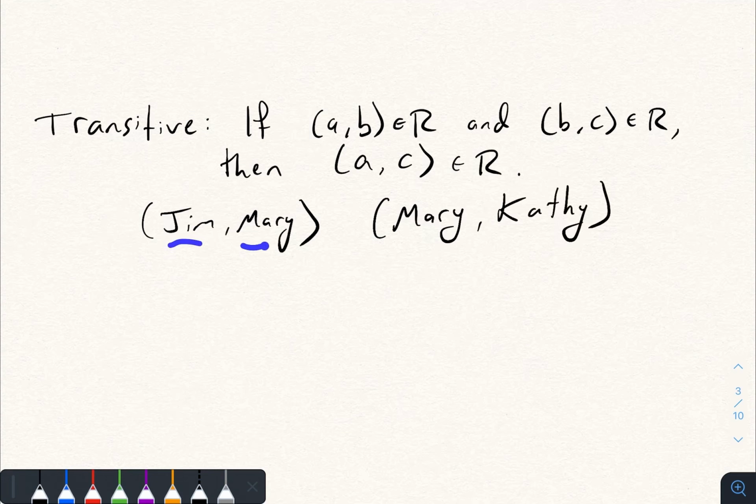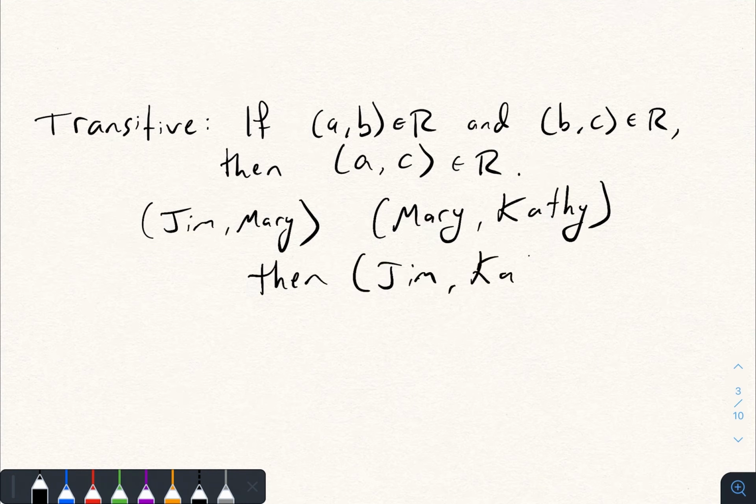So if Jim is wearing the same color shirt as Mary and Mary's wearing the same color shirt as Kathy, then that would tell us that Jim and Kathy are also wearing the same color shirt. Like if Jim is wearing red, then Mary's wearing red, and therefore Kathy is wearing red. And so this would be transitive. Okay, so this is an example of a transitive relation.